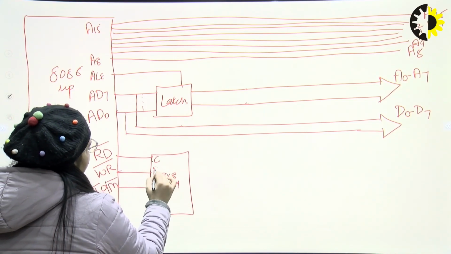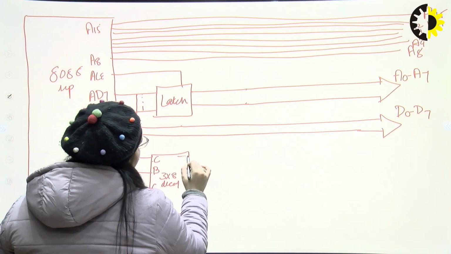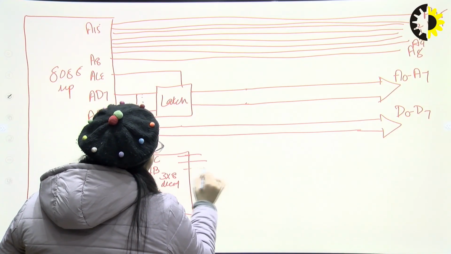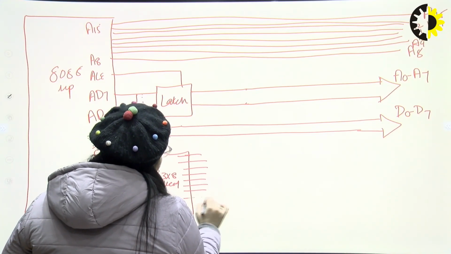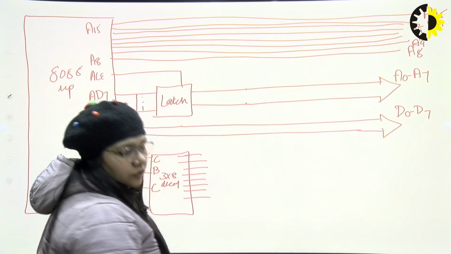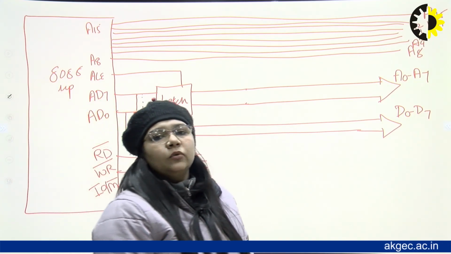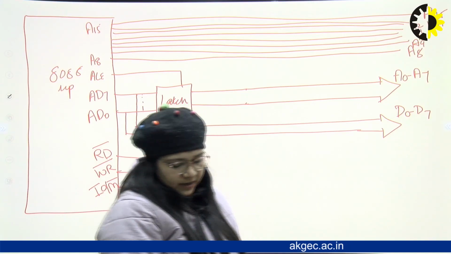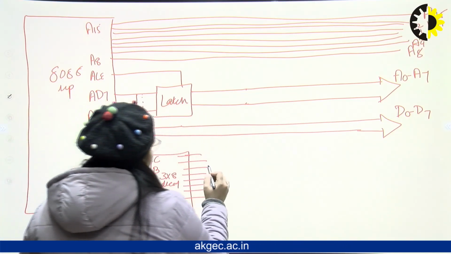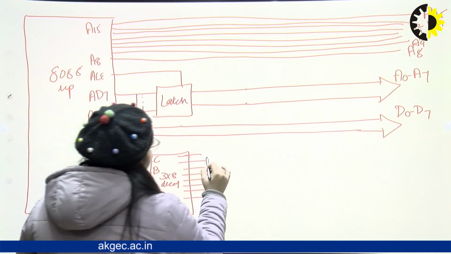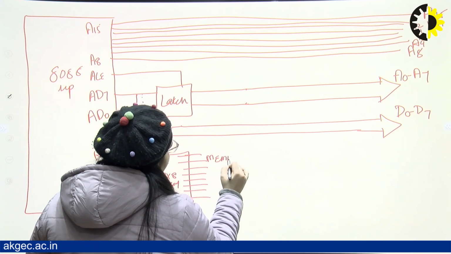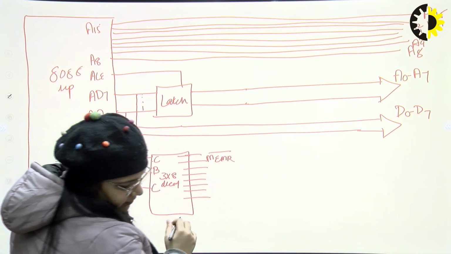We can say ABC. 8 outputs are here. Out of all these outputs, I will need only 4 for memory read and memory write. Here for memory read it will be Y1, and for memory write it will be Y3.